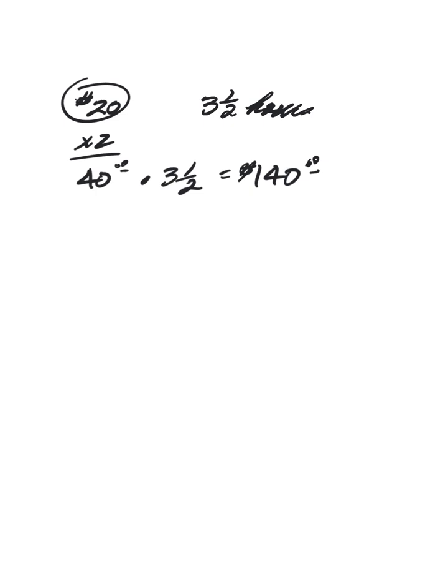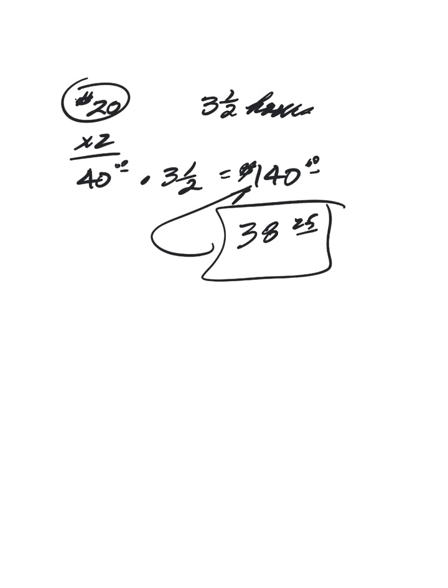So notice that if you become somebody that can actually do your own painting, you're only going to pay $38.25 for the paint, and you're saving yourselves that $140 that you would add to that in labor charges. So just something to consider there.